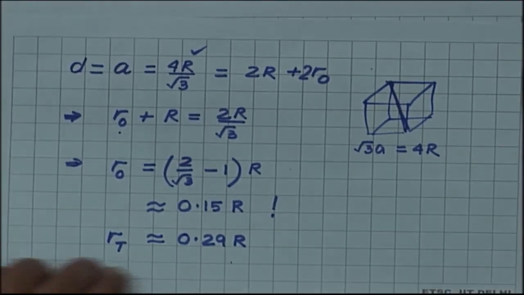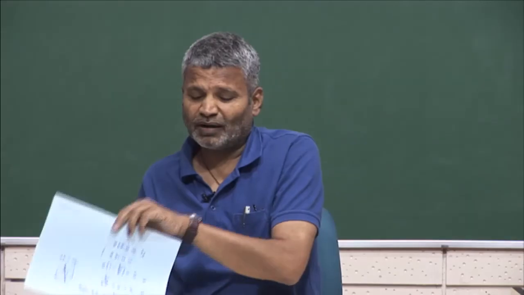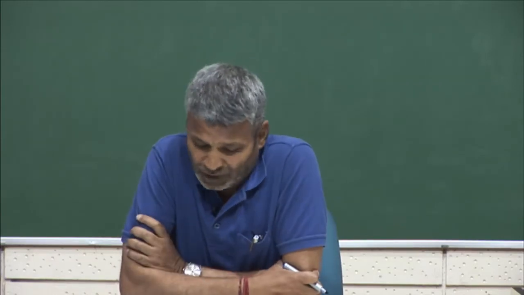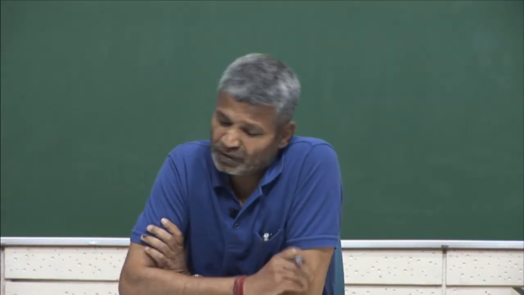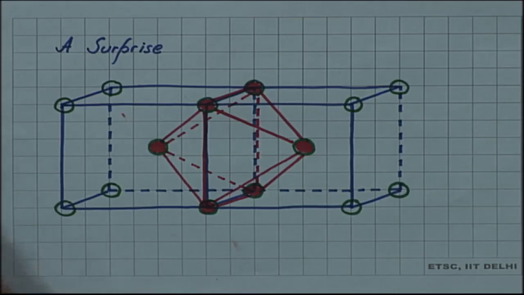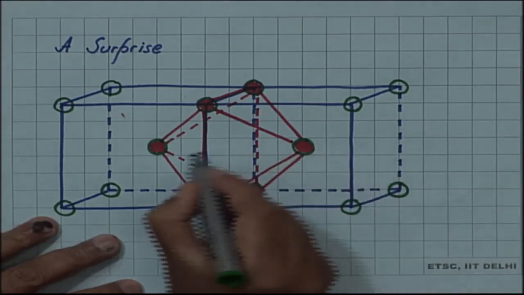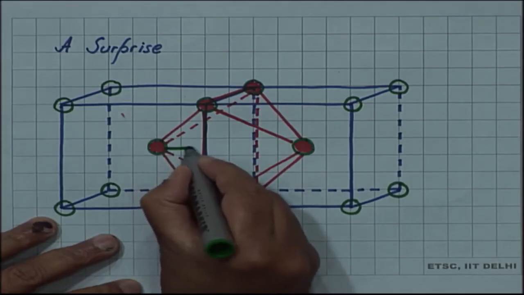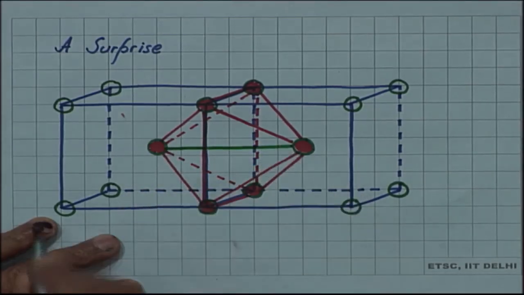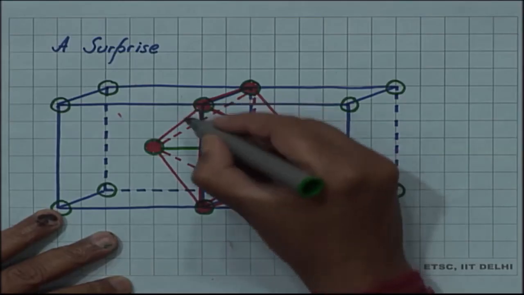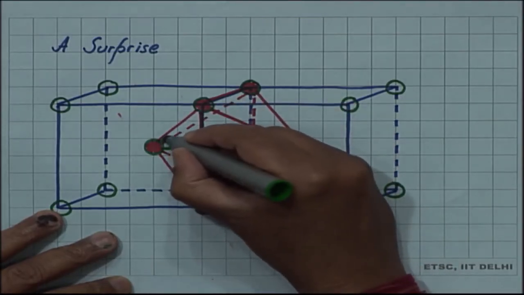But this surprise will become even deeper if we look at the geometry further. So, let us look at the octahedral void again. We have outlined the octahedral void between two unit cells. Now, the question is, where is the tetrahedral void? So, if we try to identify the tetrahedral void in the same two unit cells, remember we had joined these two atoms and then we had joined the atoms to the edges.